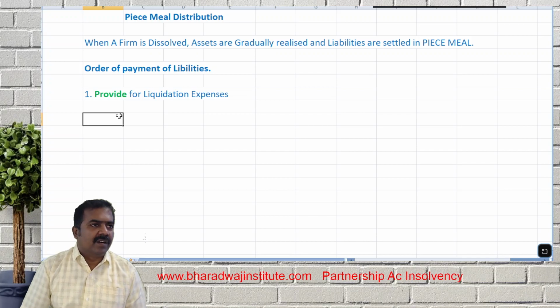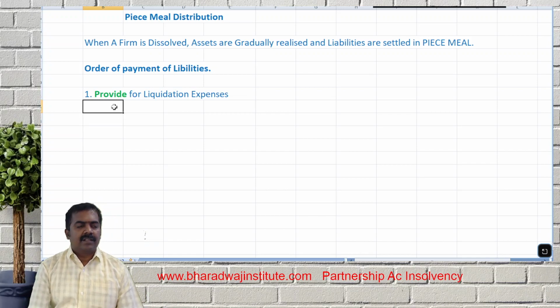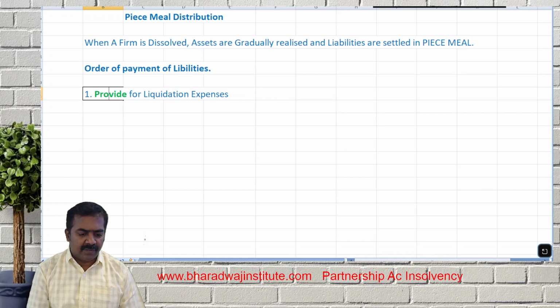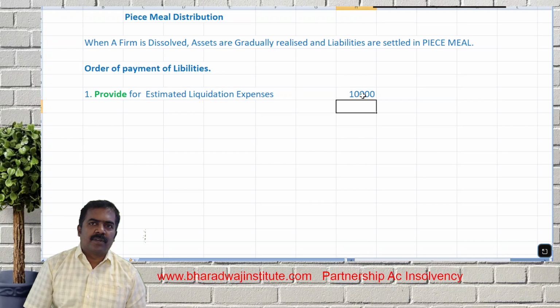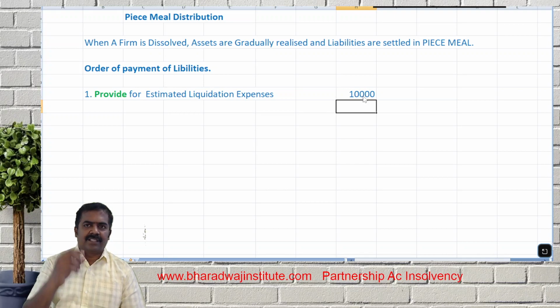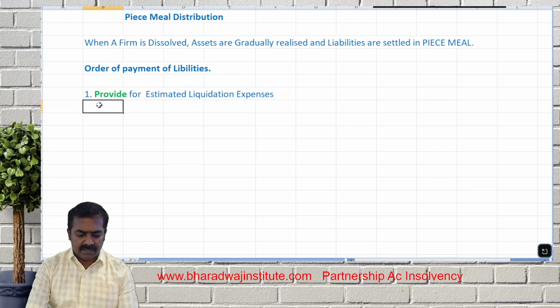We will work out only estimated expenses and provide for it. We can say provide for estimated liquidation expenses. For example, we provide for 10,000 rupees. Let's assume actual expenses only come to 9,000 rupees. The 1,000 rupees surplus can be adjusted later. But always provide for estimated liquidation expenses.